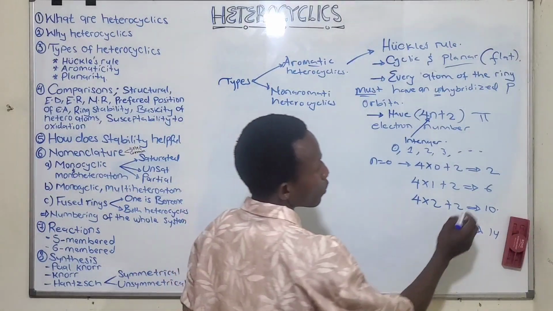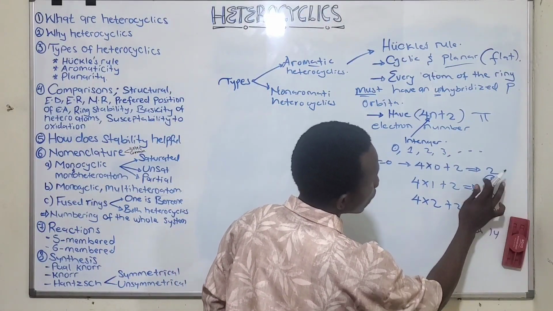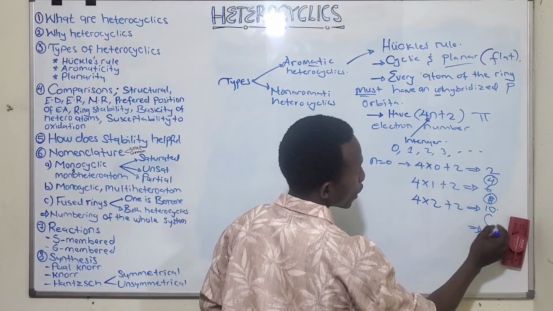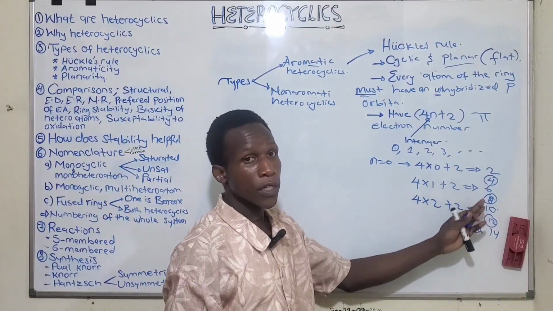Meaning that we have no 4 here, and we have no 8, and we have no 12. So we are skipping some even numbers.